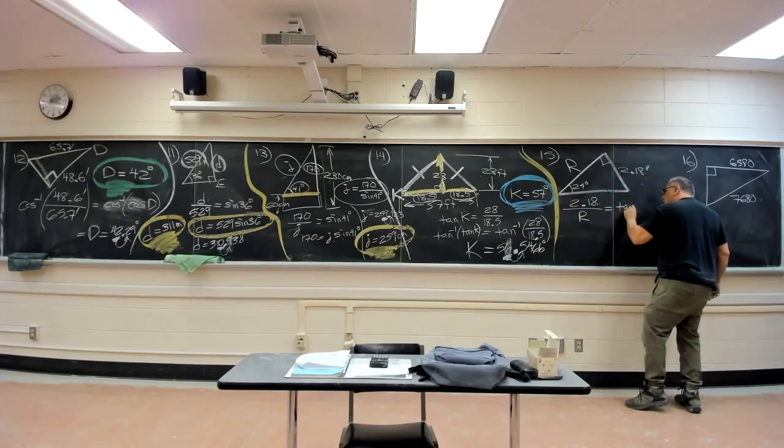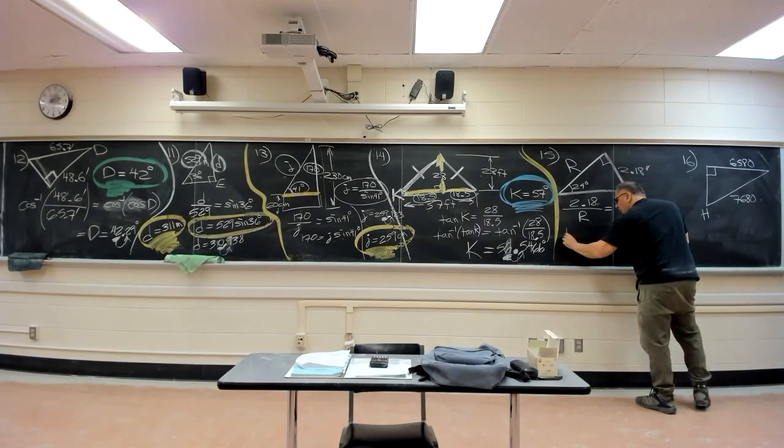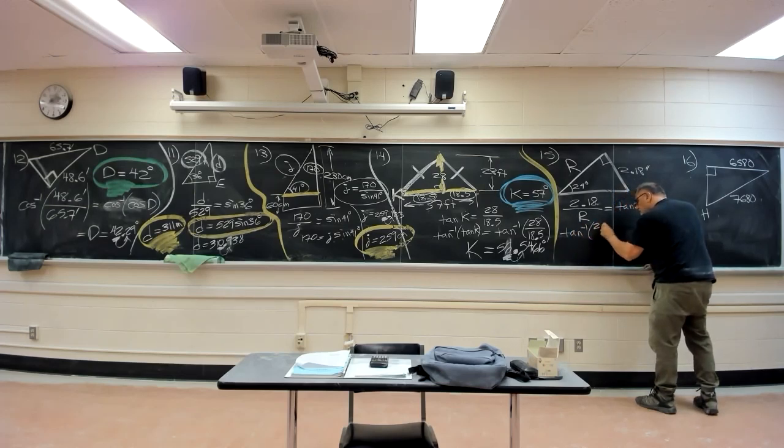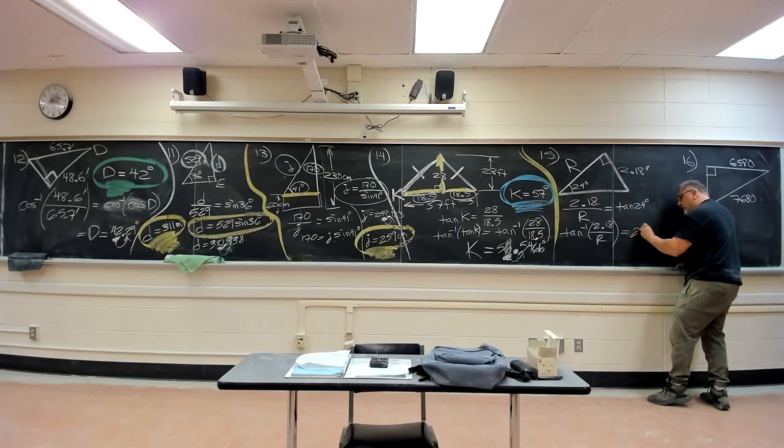That's the tangent of 24 degrees. If you take the inverse tangent of this, you'll have 24 degrees. Okay, that's great.